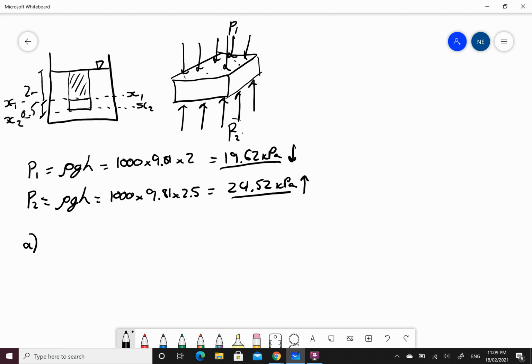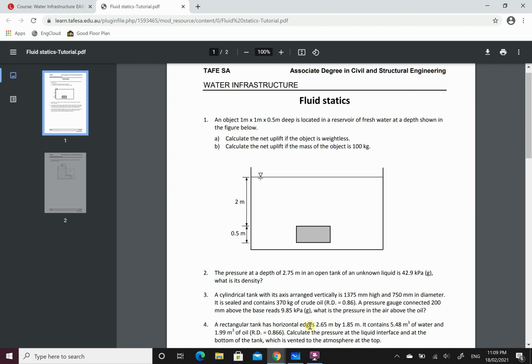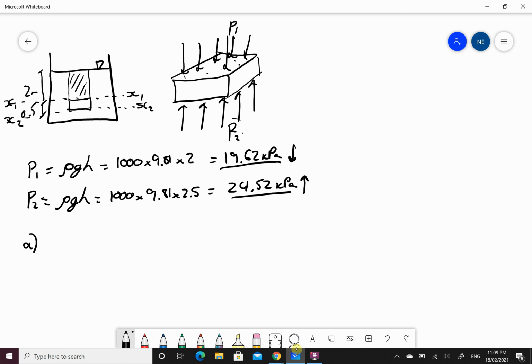So for question A, calculate the net uplift if the object is weightless. So if this weighs nothing, what is the difference between the two? Well, in terms of force, remember pressure, P is equal to F over A, so therefore F is P times A. So the force 1 equals P1 times A1, which is this area here.